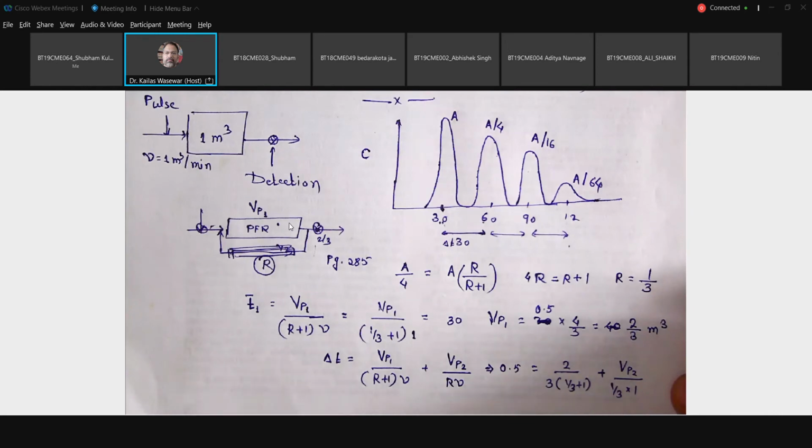So do the simplification. This will become how much? Just go for the simple calculation. 3, 4, 2 by 4, it will be 0.5. Okay. So it will be 3 by 4.